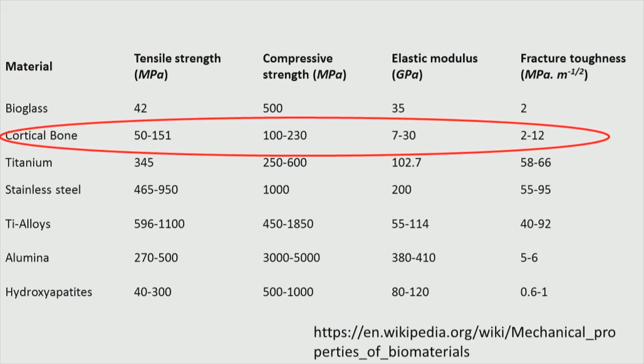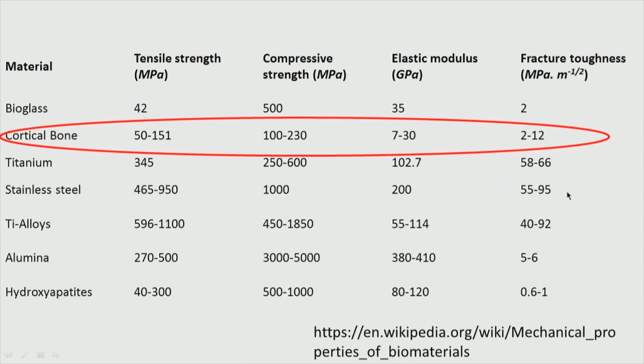This is an interesting table again, because we are comparing different materials with your bone. As you can see, bioglass tensile strength is comparable to the bone, elastic modulus is also okay, poor fracture toughness, compressive strength is very high. Hydroxyapatite, if you look at it, is also comparable to cortical bone, compressive strength is very high, elastic modulus is also high, fracture toughness is extremely low. Alumina, you can see here.